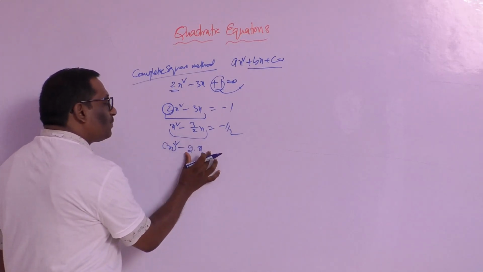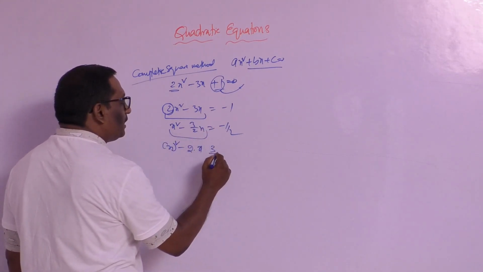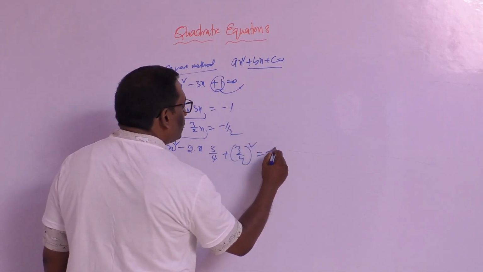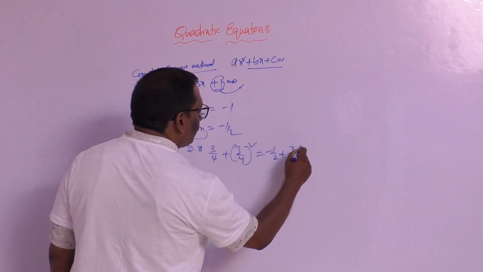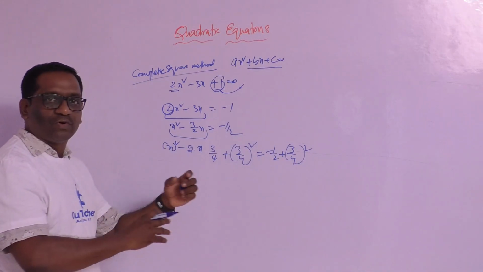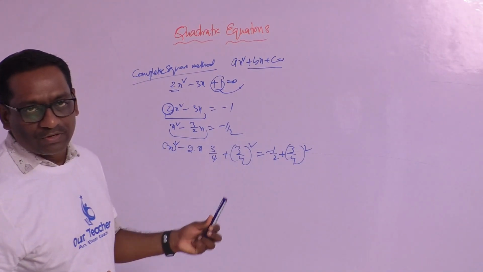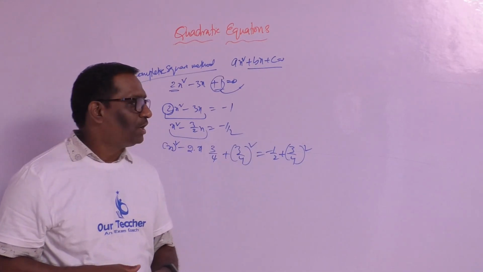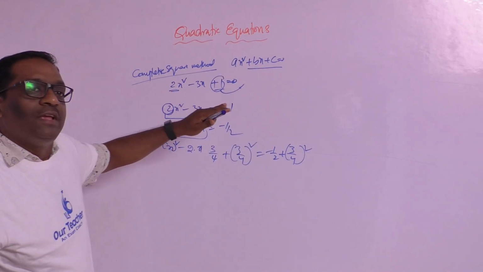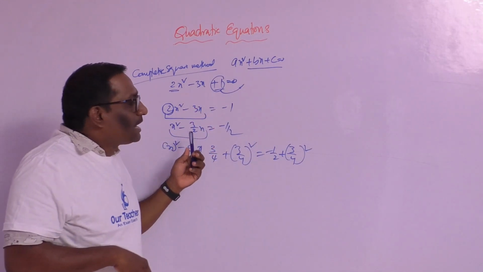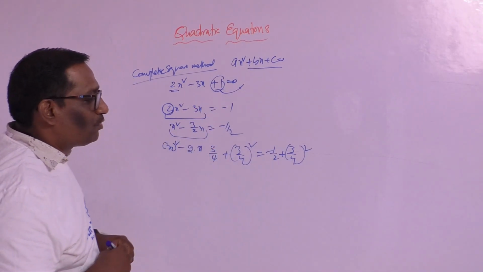So we have to convert this product into 3 by 2 form, so that you will get 3 by 4. So 3 by 4 this side, whole square, is equal to 1 by 2 plus 3 by 4 whole square. If you convert this entire equation, we will get the zeros of the given quadratic polynomial. So these are the two ways. The first way is directly finding the roots, and the other is the completing square method.